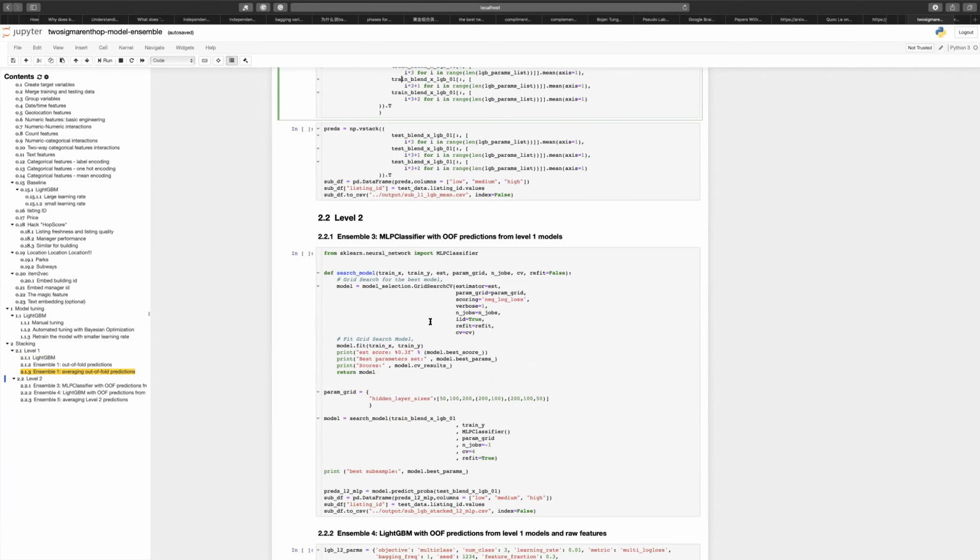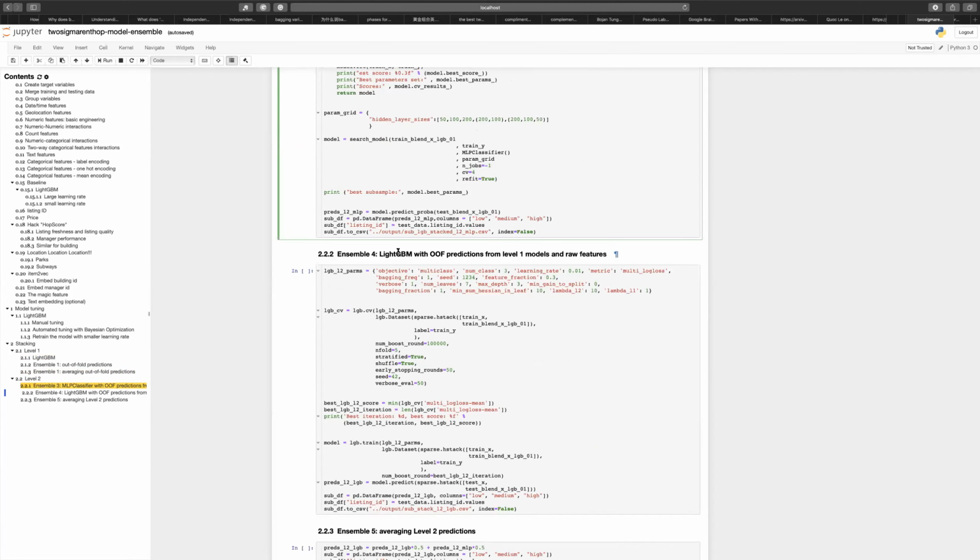Or we can train a neural network as a stacking model on the predictions only. Or we can train a LightGBM model on the out-of-fold predictions from the level 1 models, as well as the original raw features.